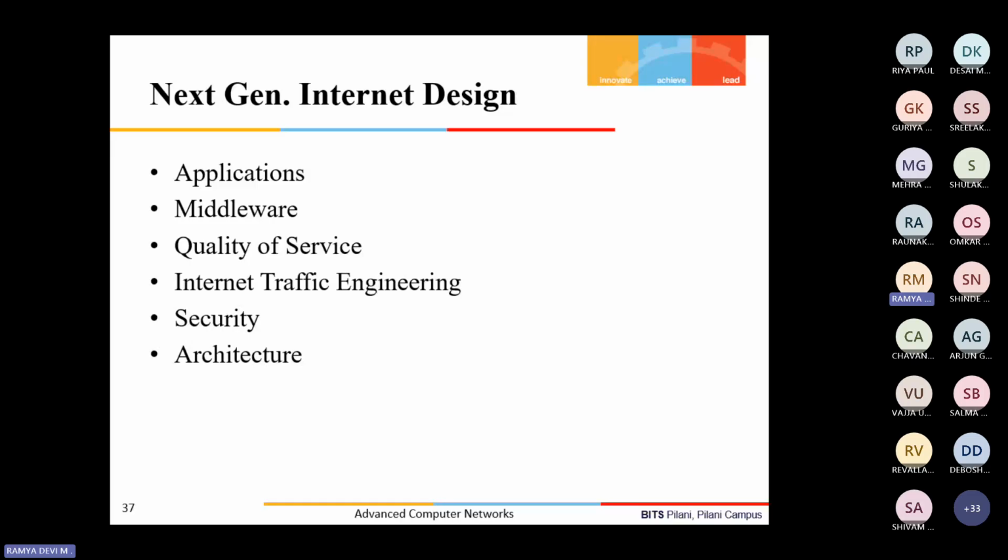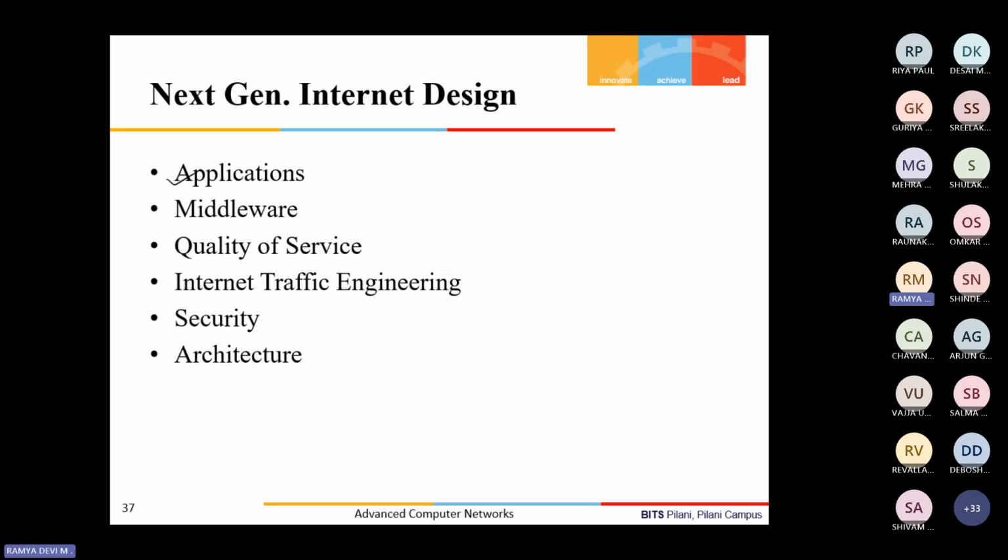What are the constraints for the next generation internet design? First one is the application. It should provide a flexible, secure, scalable network infrastructure.